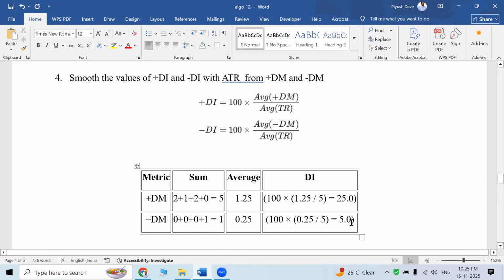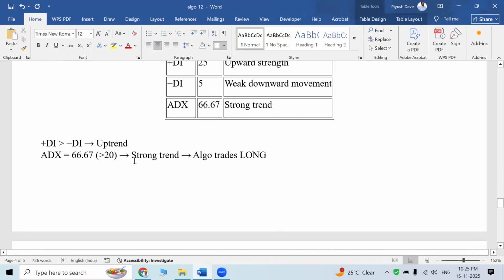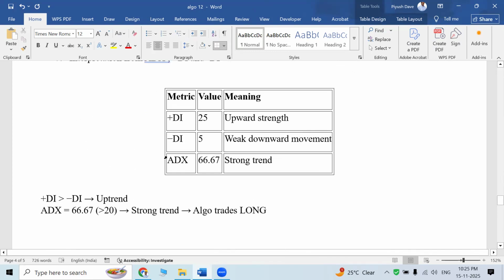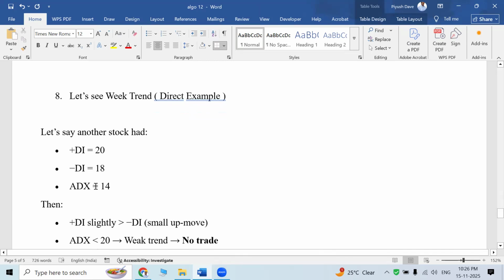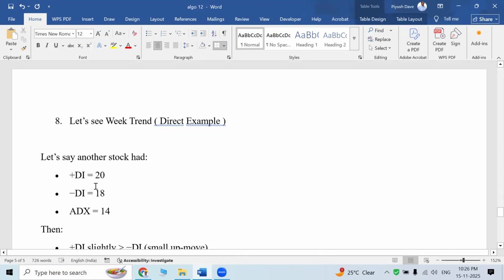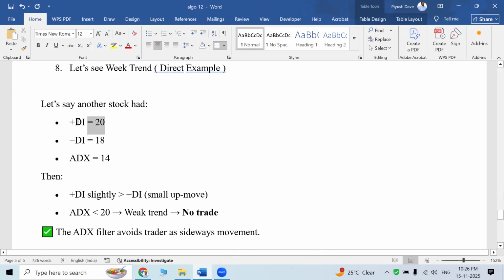So plus DI is more than minus DI. This is plus DI and this is minus DI. So plus DI is more than minus DI, and the ADX which we have calculated is about 20. So we consider it's a strong long trade.